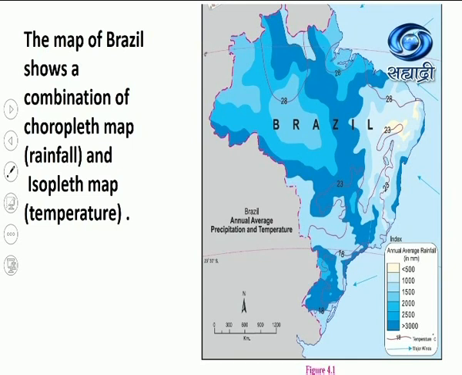These winds are obstructed by the escarpment and the Brazilian highland in the northeastern portion of Brazil. When they are obstructed, they cause orographic rainfall in the coastal region.